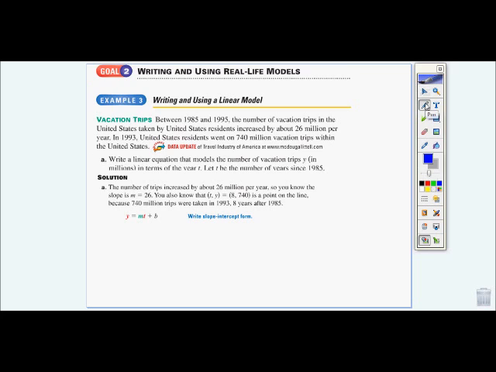So we're going to put in all the information that we know. In 8 years, it was 740, because where are we getting that? It was 740 million trips, and that was in 1993. So the time that passed from 1985 to 1993 was 8 years.